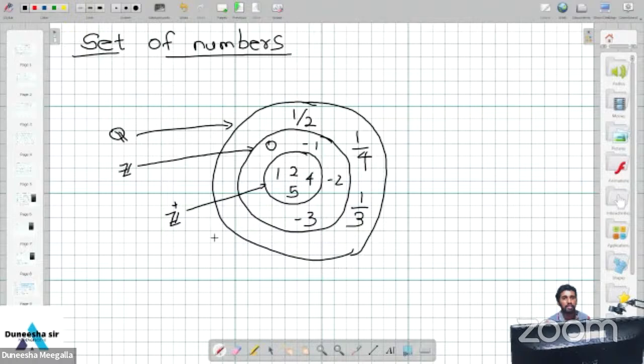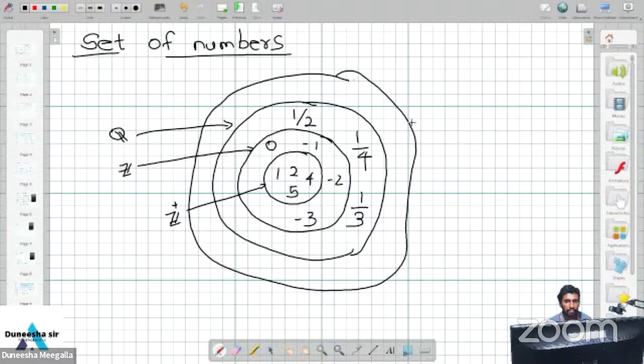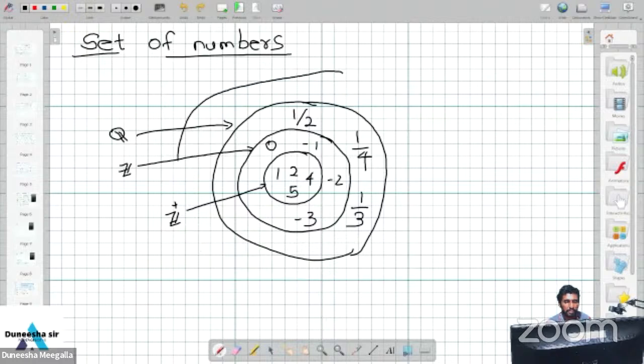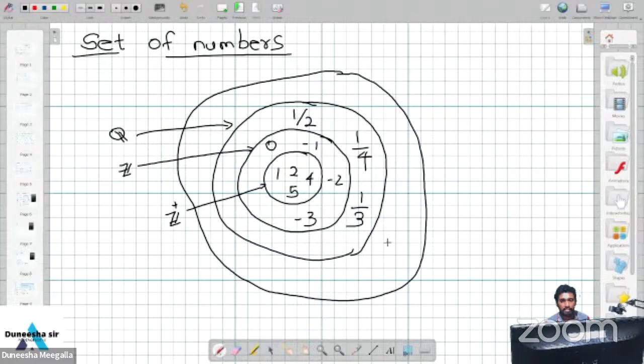Next, irrational numbers. How do we define the irrational numbers? We wrote the roots, all the roots.